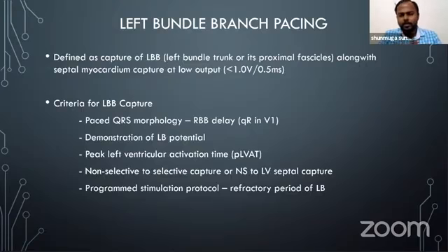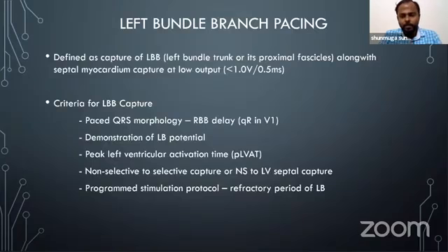There are certain criteria to confirm that we have captured the left bundle. The first and foremost is the paced QRS morphology. We are capturing the left bundle, so the left bundle will be pre-excited and the left ventricle will be activated first, followed by the right ventricle. Whenever you are pacing the left bundle, you will create a right bundle branch conduction delay in the ECG.